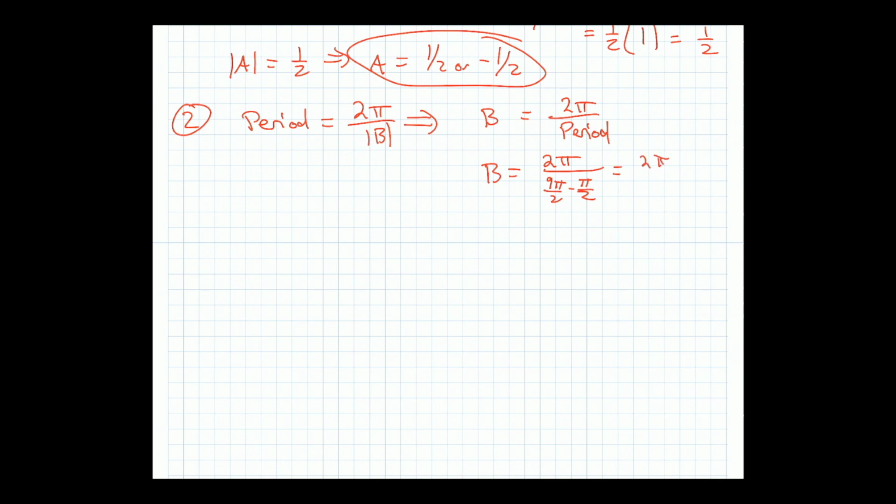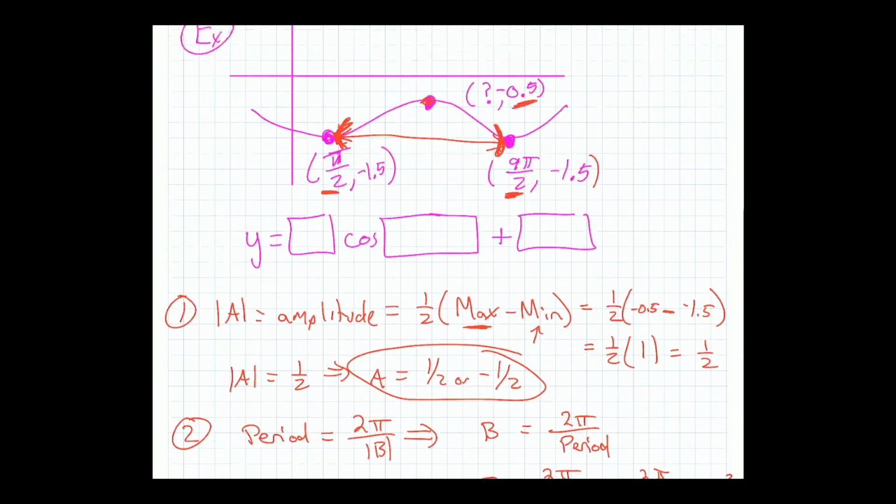So that's 8 pi over 2. So B is 2 pi times 2 over 8 pi, or 4 pi over 8 pi, which is just 1/2, no pi involved.